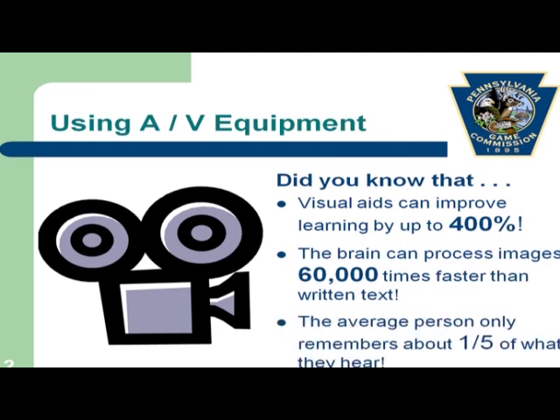And that the average person only remembers about 1/5 of what they hear. These findings indicate that learning is definitely more effective when visual aids are used. Take a moment and think about what visual aids can be used in the classroom to enhance learning.